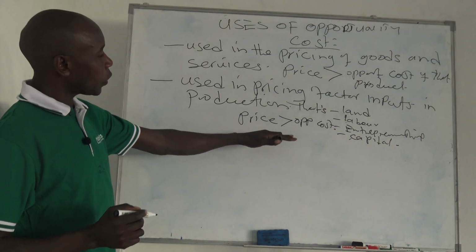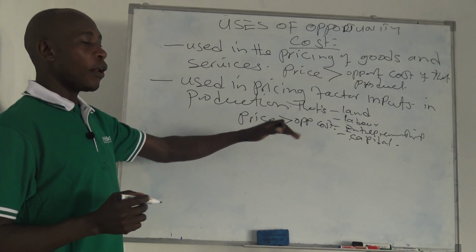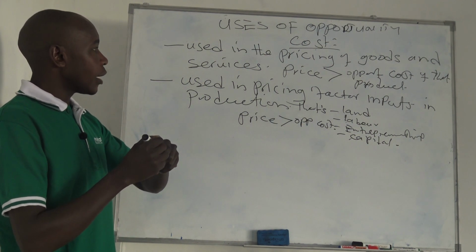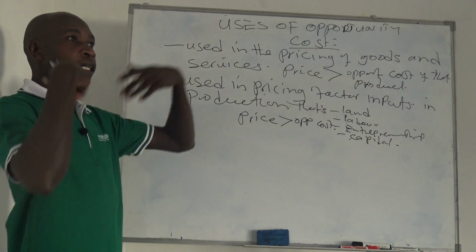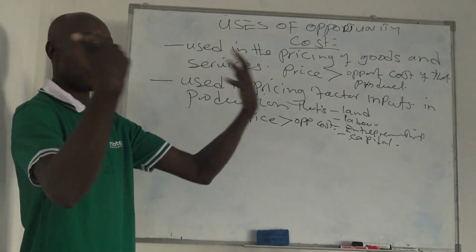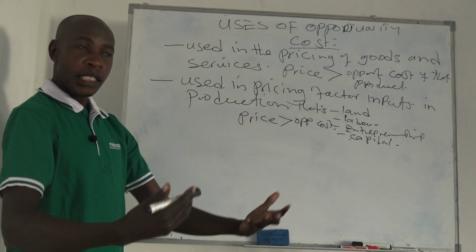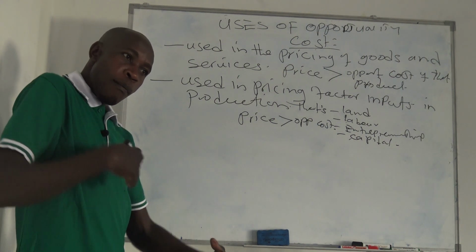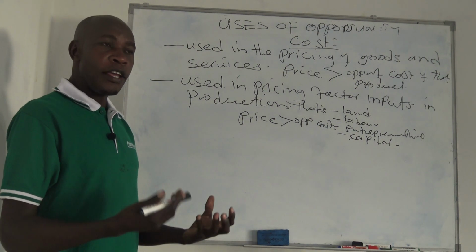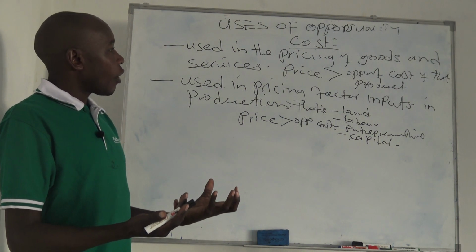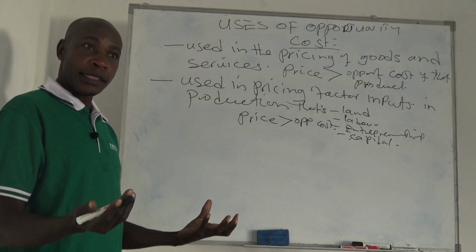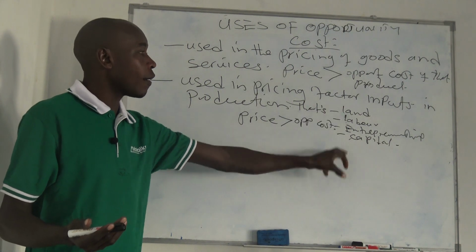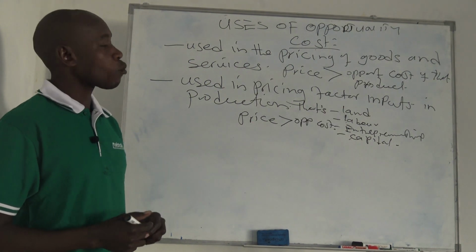And this helps producers when they are determining the rates of production. It helps them to calculate how much they are incurring in different production processes when they're using these factor inputs.